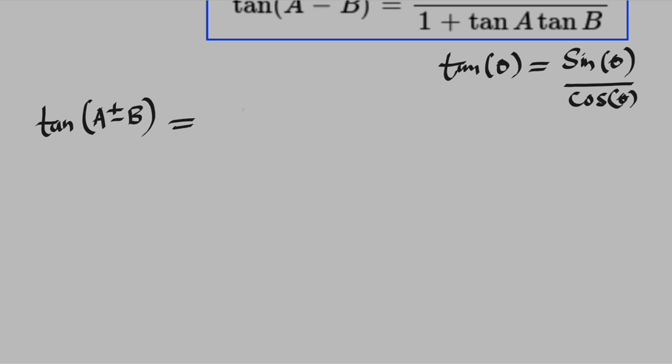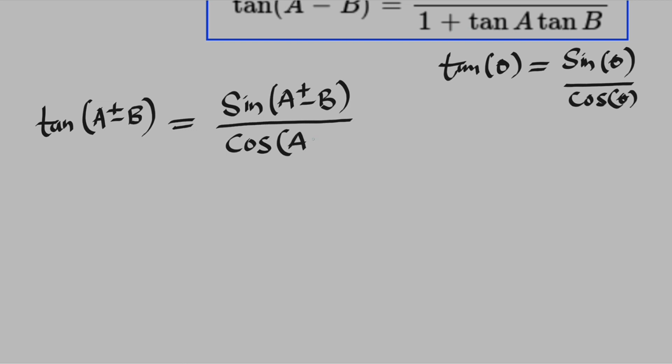This will be equal to sine of A plus or minus B divided by cos of A plus or minus B. Okay, for sine, we can simplify it as sine of the first angle, then multiply by cos of the second angle.